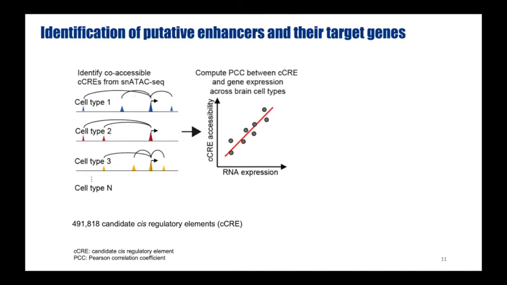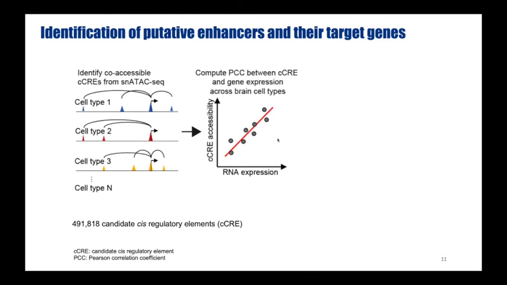So our strategy is like we first calculate the co-accessibility between every pair of peaks. If the co-accessibility score is high, that means these two genomic loci are more likely to be close to each other in 3D space. Then for every pair we find here, we further examine the correlation between the accessibility signals at those peak regions and the RNA expression of the potential target genes.